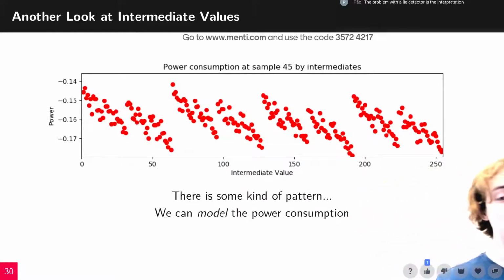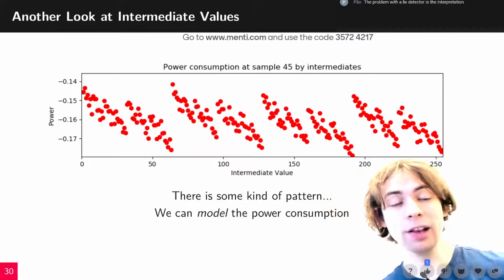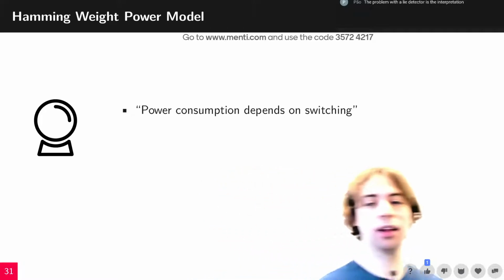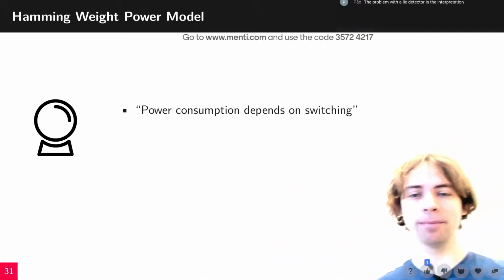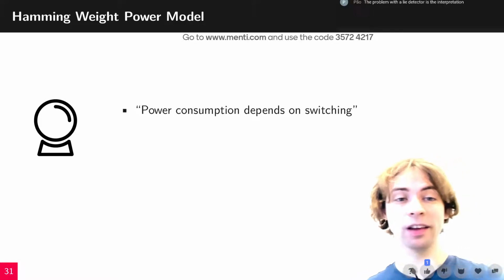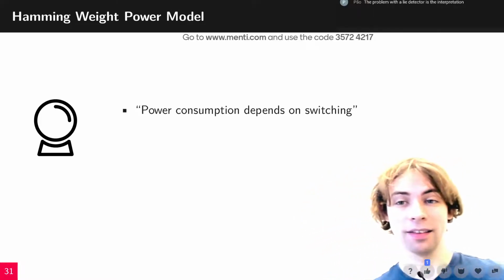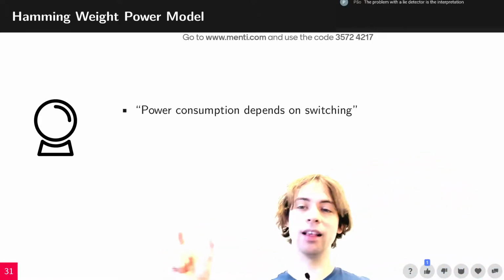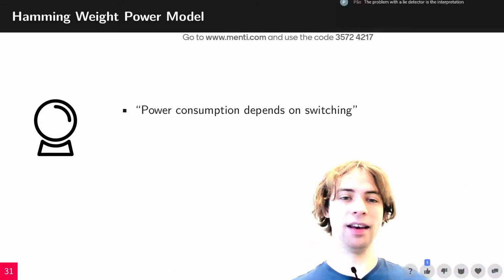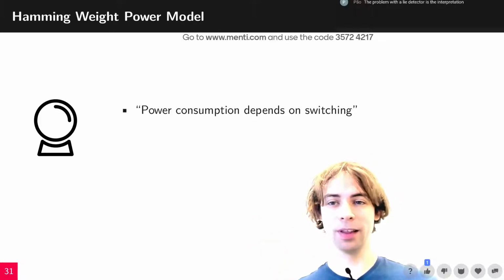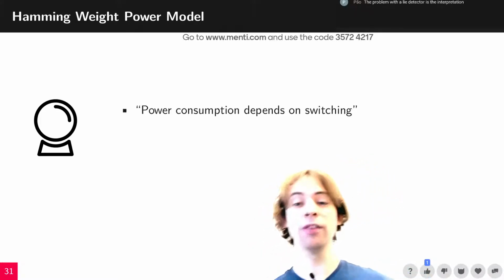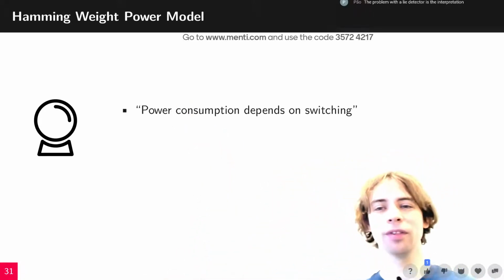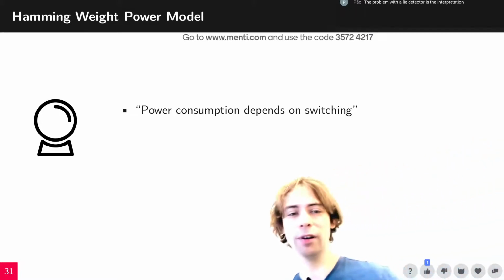So we can model the power consumption, and we will do that now with the Hamming weight. Here we have the power consumption. Well, the power consumption depends on switching, and the Hamming weight expresses how many bits are set in some variable. Then you switch from one value to another, and that certainly gives you some information on the Hamming weight of the number that you processed.